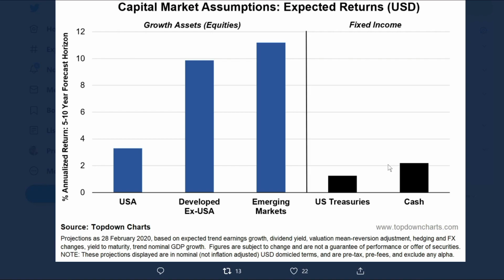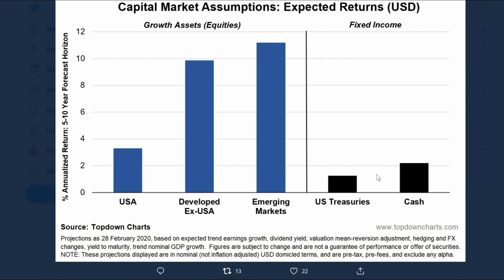So let's have a look here. This is an extract from my capital market assumptions. I calculate this for 20 odd, I think close to 30, different asset classes. Basically, the purpose of this is to plug into an asset allocator's mean variance optimization.